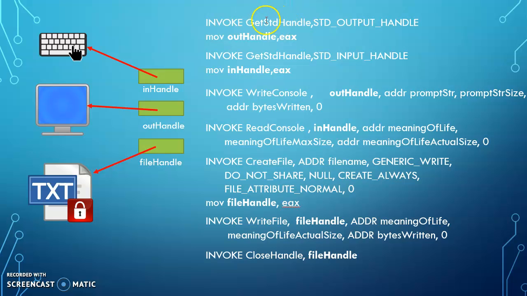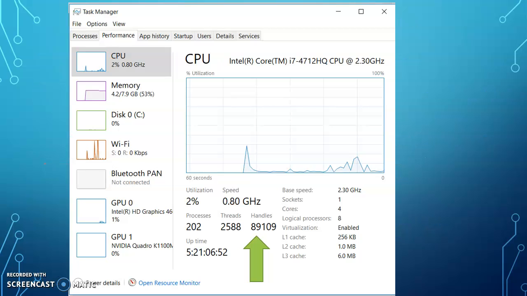And so what's happening here is we're getting the handle for the output console, getting the handle for the input, and here we're writing to the console, reading from the console. Here we're creating a file, writing to the file, closing the file. And just a reminder, if you bring up Task Manager, one of the items in there is handles.